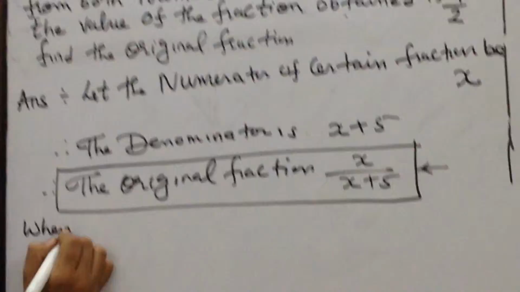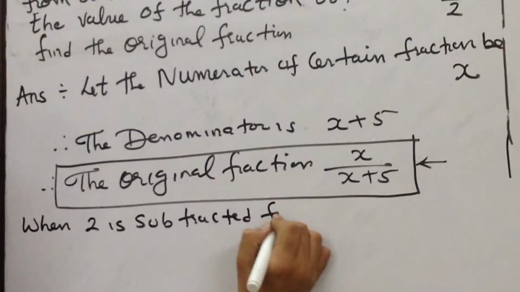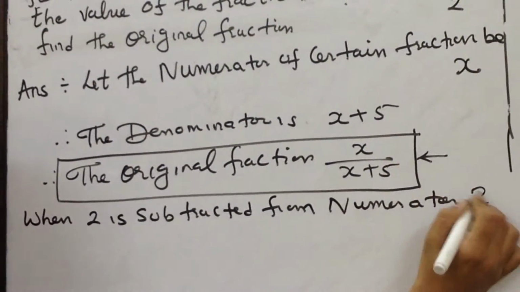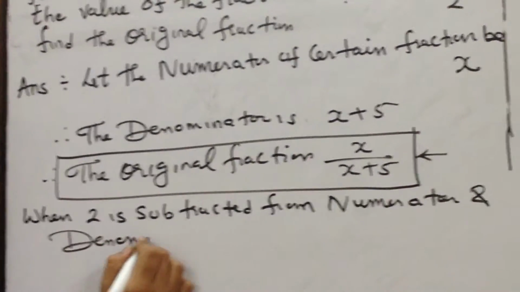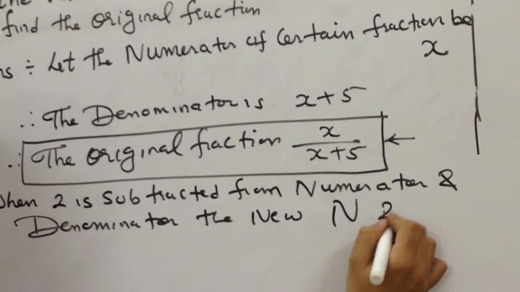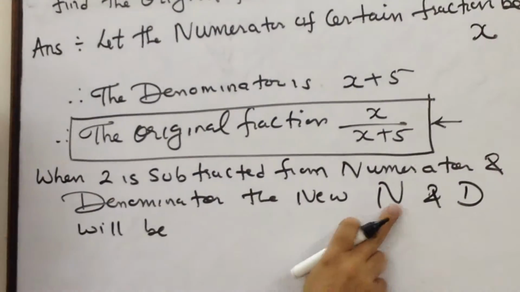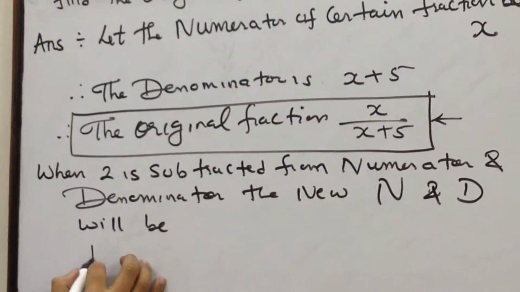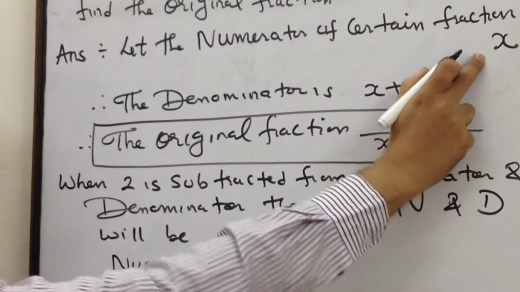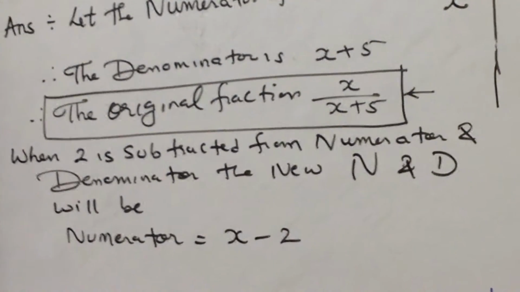So when 2 is subtracted from numerator and denominator, the new numerator and denominator will be: the numerator, initially x, when I subtract 2 from it, I shall get x minus 2.